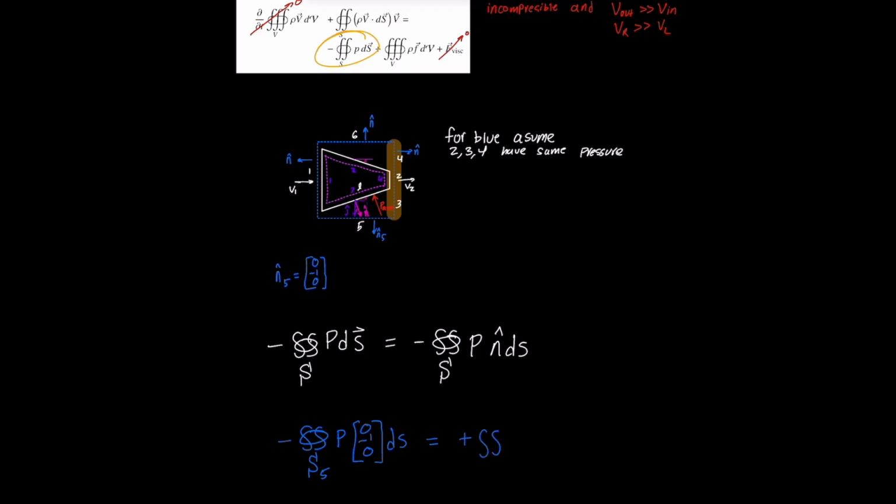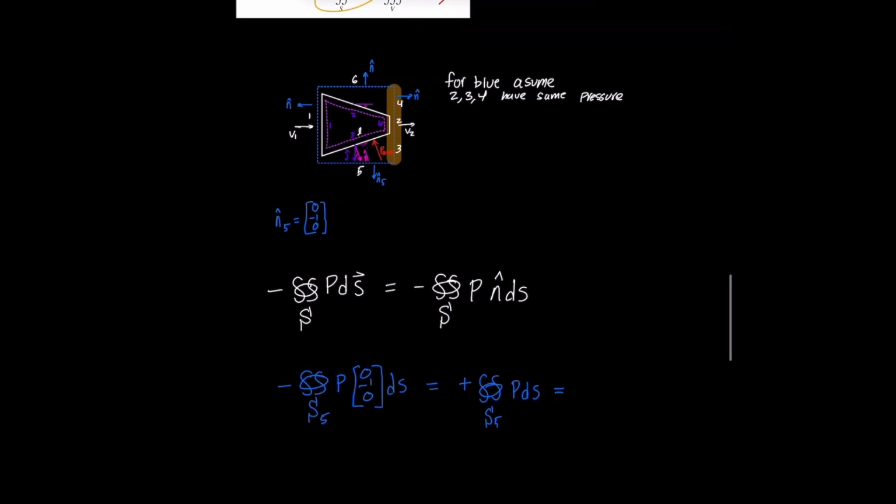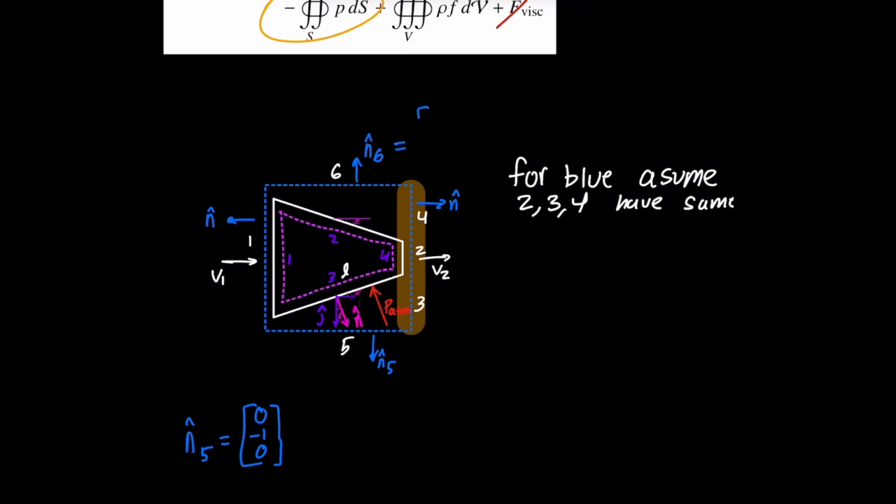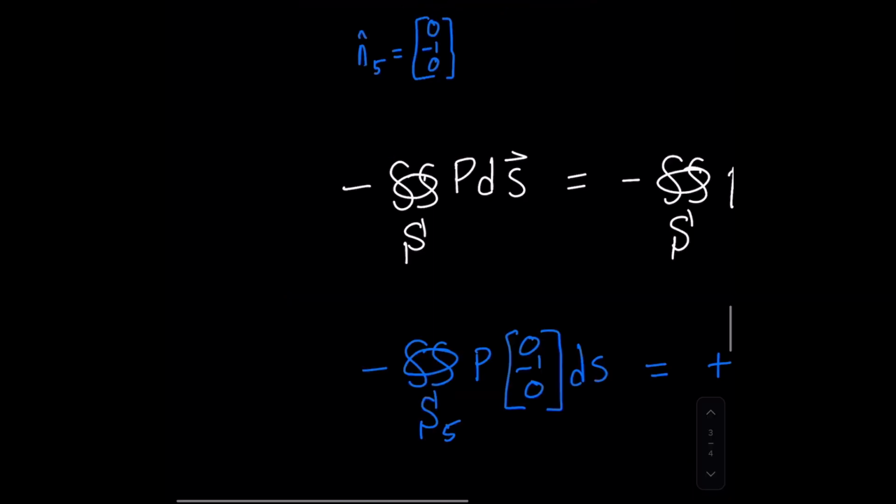And so that becomes just positive surface integral of surface 5 of the pressure times ds. And pressure is constant, so that can be pulled out. And the surface integral of a surface is the area of that surface. So we have PA5.